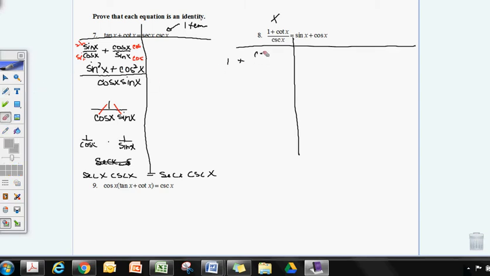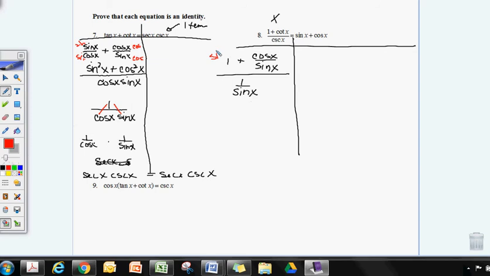Tangent is going to turn into sine over cosine. And I see right away, cosines gone. So on to the next one. I'm going to get plus cosine of x times my cotangent, which would be my cosine over sine. Nothing cancels in that one.